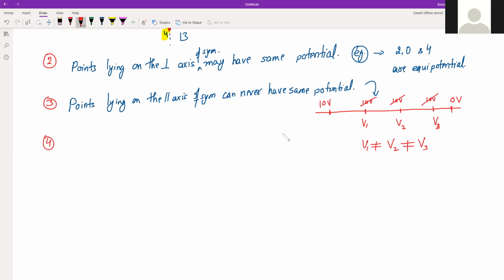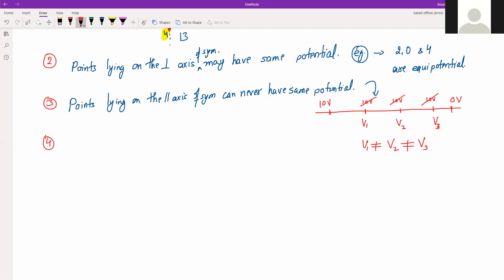Now if 2 points are having the same potential, that means the current won't flow between those 2 points. The network can be folded about the parallel axis of symmetry, and the overlapping nodes have the same potential, right?